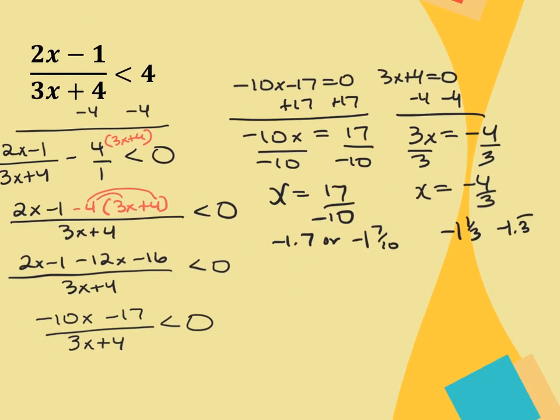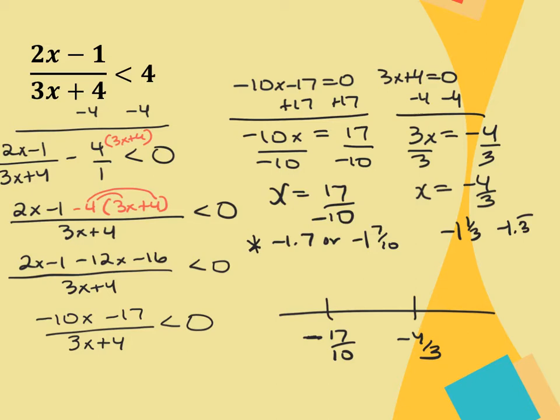So now let's add these numbers to my number line. Now, the 1 7/10 is the smaller number, because 7/10, technically, if it were positive, is the bigger number. So this is going to be the -17 over 10, or if you put it like that, either way.